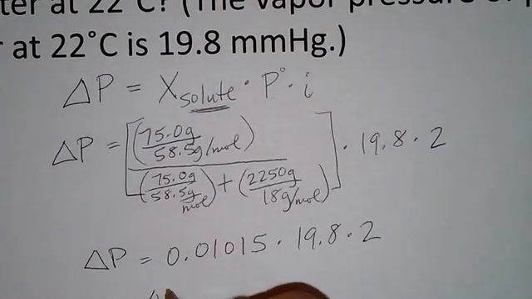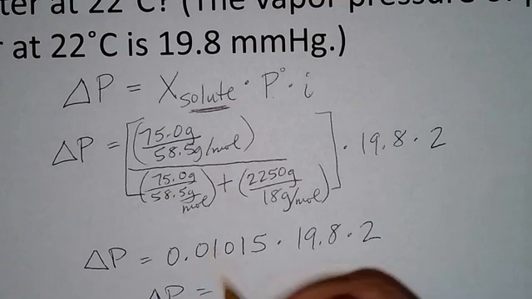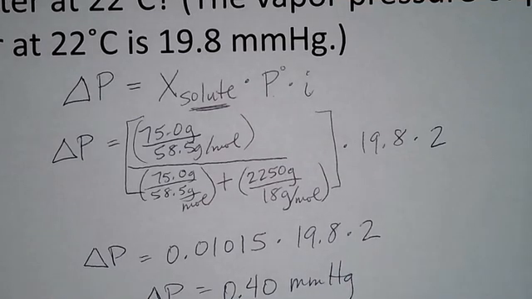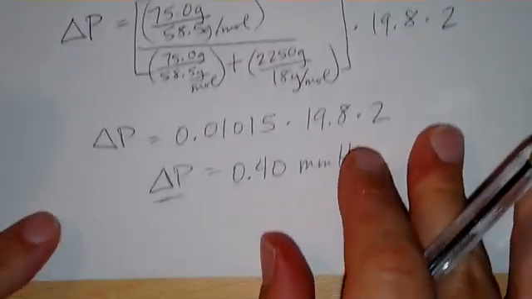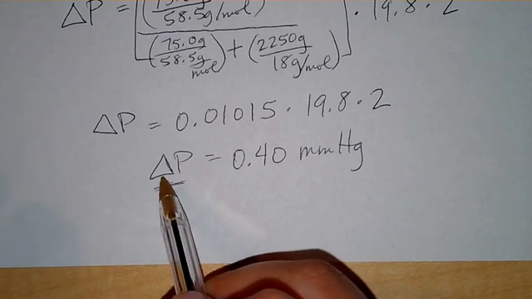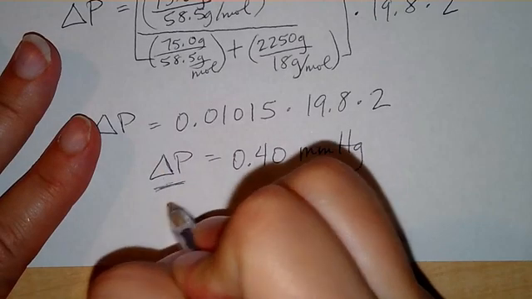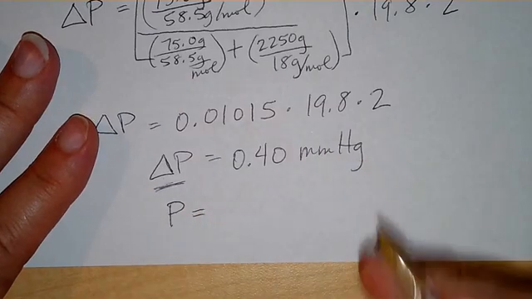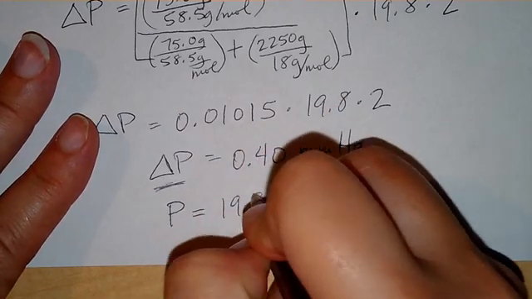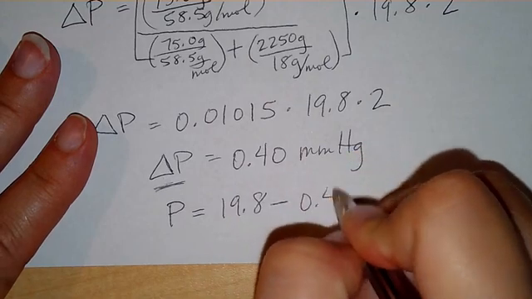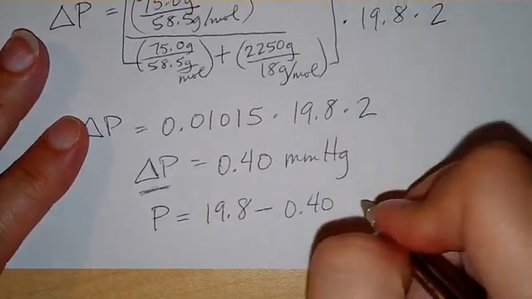Now notice this is change, alright, our triangle means change, and not the actual vapor pressure. So if we want to find the vapor pressure, we're going to take the original pure pressure minus our change that we calculated. So this gives us 19.4 millimeters of mercury for our new vapor pressure.